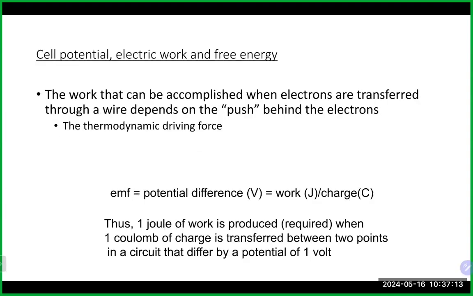So when we talk about cell potential, it also relates to our thermodynamic property, which is our free energy. That's our delta G, if you remember, Gibbs free energy. The work that can be accomplished when electrons are transferred through a wire from one point to the next is a thermodynamic force. 1 joule of work is produced or required when a coulomb of charge is transferred between 2 points in a circuit.